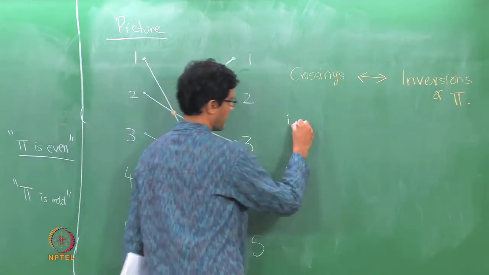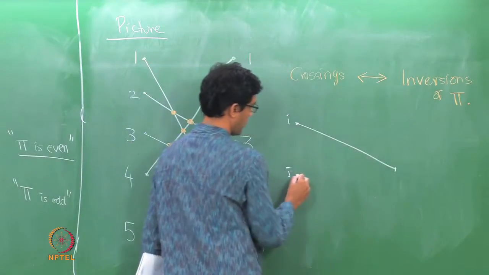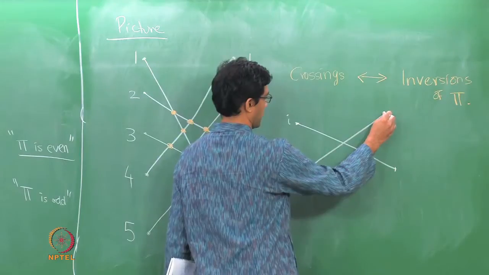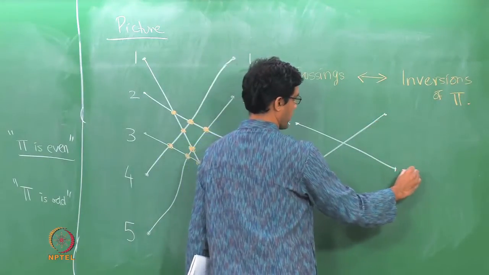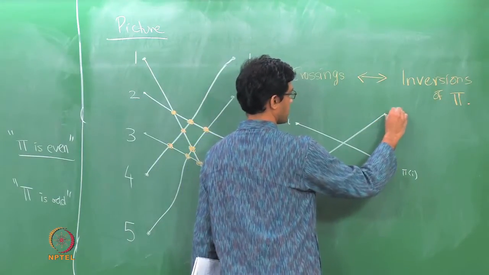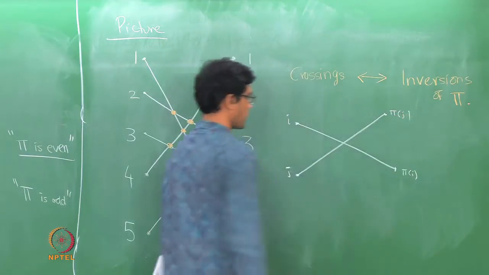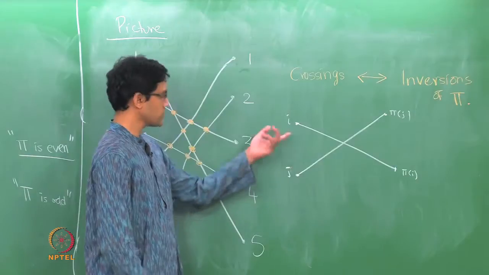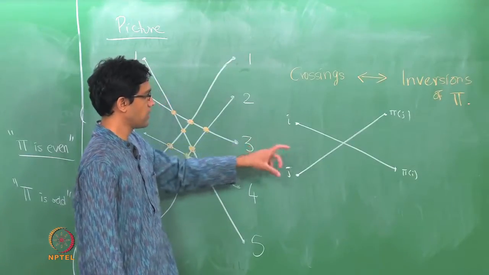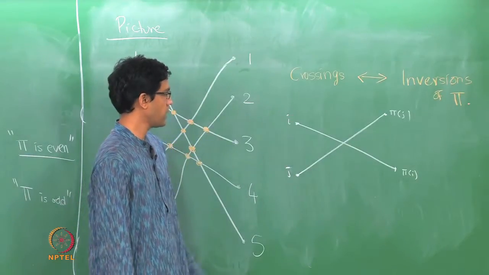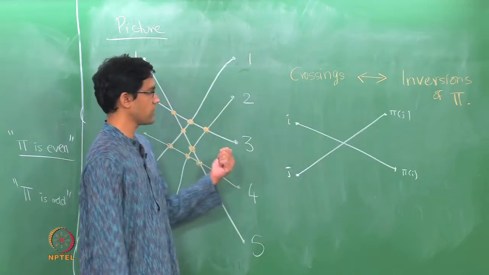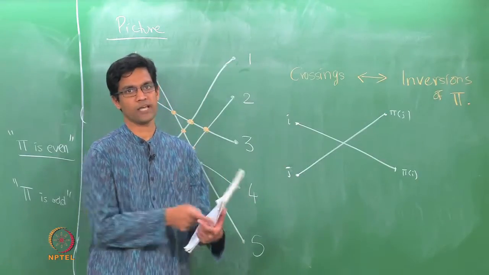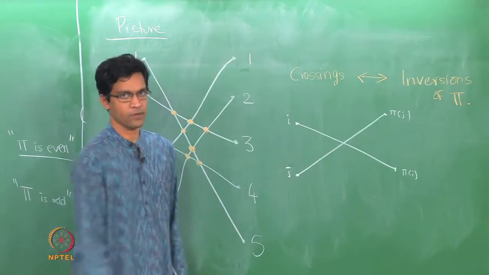So if pi of i is something here, pi of j is going to be something smaller than that. So this is pi of i and this is pi of j. This is exactly what an inversion means. So every time there is a pair i, j which gives you an inversion of pi, in this diagram it would give you a crossing. Those two lines would have to cross somewhere.